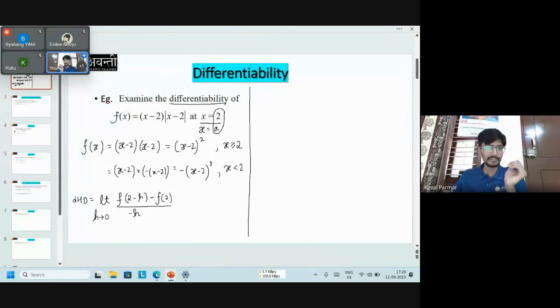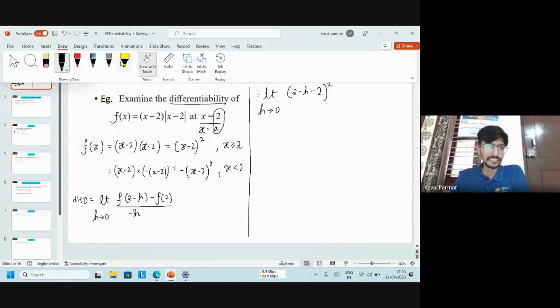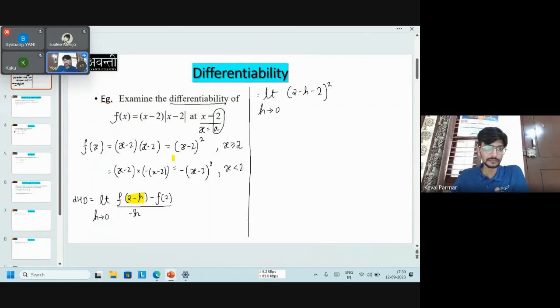Now, what is f of 2 minus h? f of x is x minus 2 the whole square. So I can write it as limit h tends to 0, f of 2 minus h, meaning in place of x put 2 minus h. So 2 minus h minus 2 the whole square. Please understand here, this is 2 minus h and this is x.